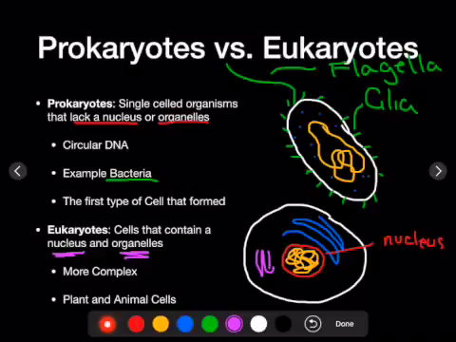We also have ribosomes located around, and we have mitochondria, which are the powerhouse of the cell, or energy. So again, much more complex. You can see there are a lot more organelles, a lot more membrane-bound objects on the inside.